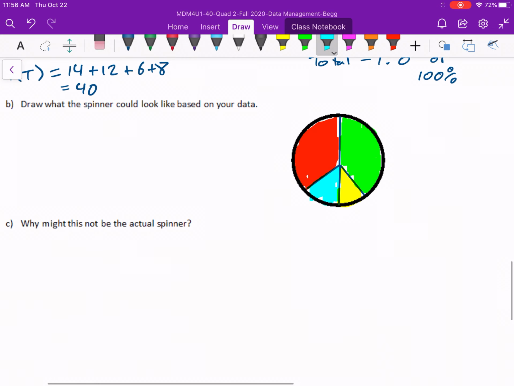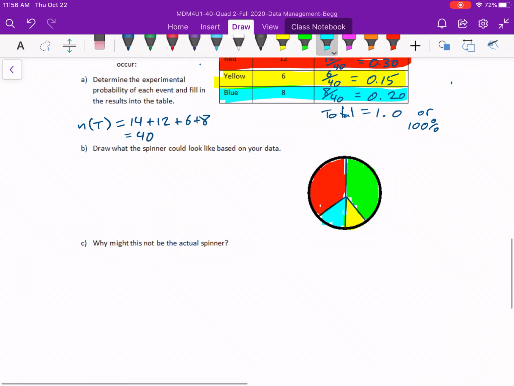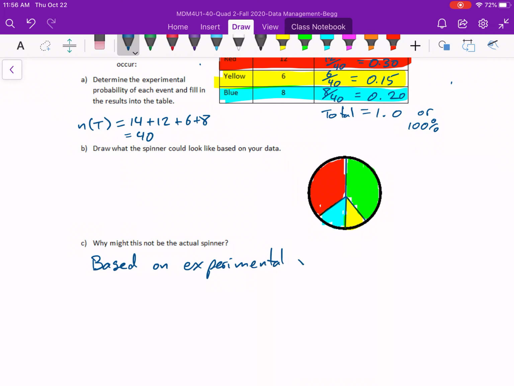Why might this not be the actual spinner? Well, again, this is just based on experimental values. They could change. So we did 40 spins.